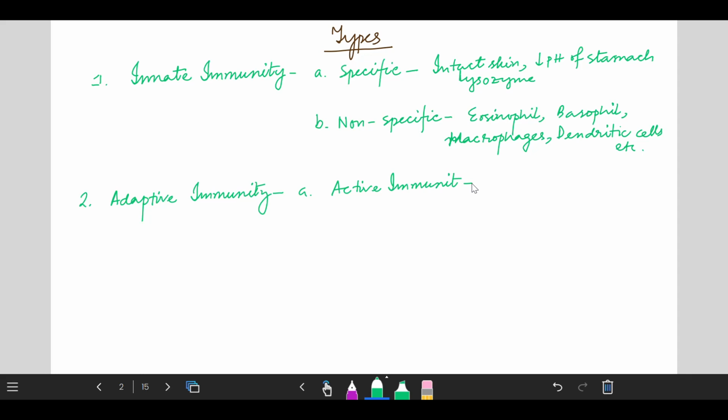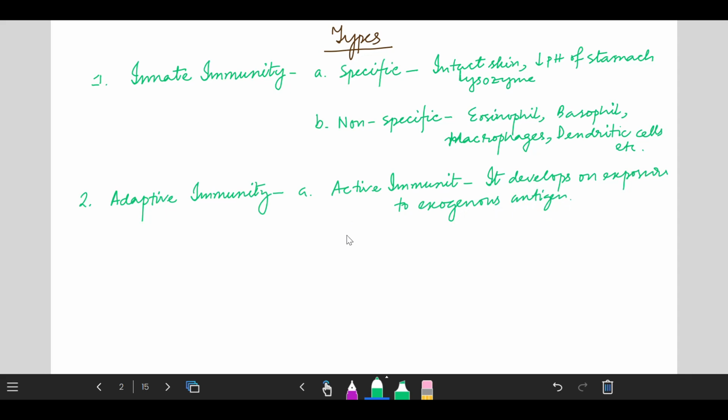Okay, so active immunity is when this kind of immunity develops on exposure to exogenous antigen. Okay, and it is again subdivided into two categories. First one is natural, second one is through the vaccination.